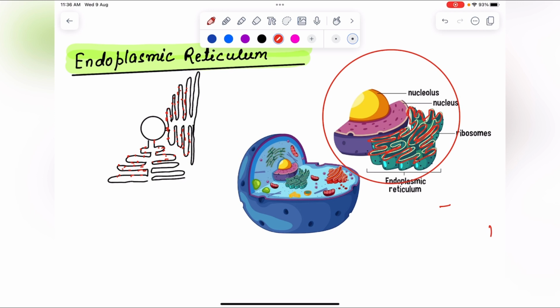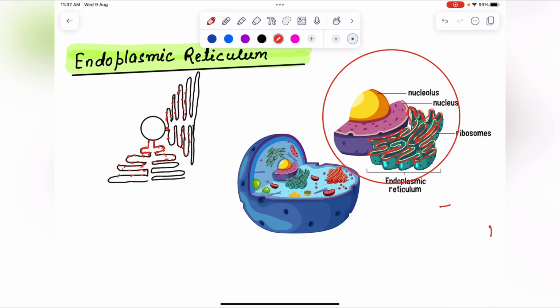This is a nucleus and this is the endoplasmic reticulum attached with the nuclear membrane, and you can see the small granules attached to it. When they are present, it is called rough endoplasmic reticulum, and when they are not present, it is called smooth endoplasmic reticulum.